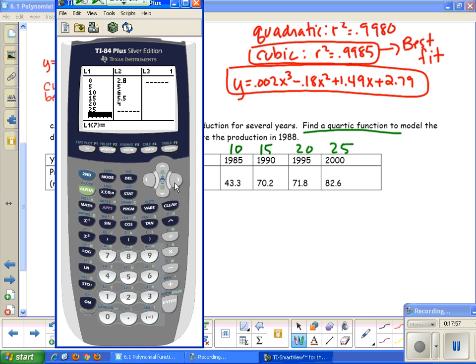And then list 2: 38.5, 39.2, 43.3, 70.2, and 82.6.